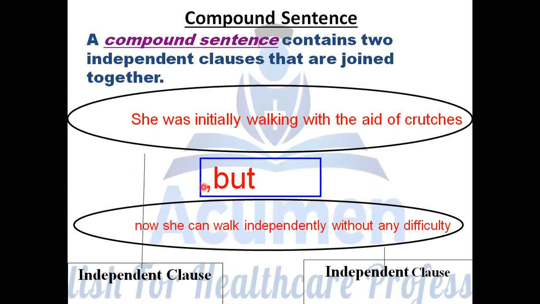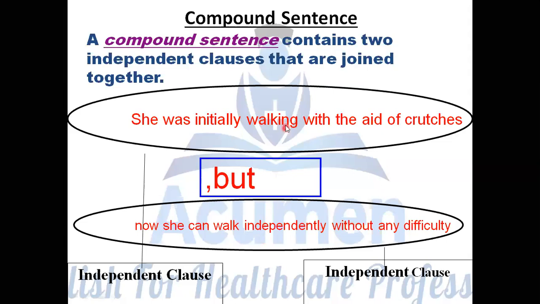Look at this sentence here. He was initially walking with the aid of crutches, but now she can walk independently without any difficulty. This sentence is independent and meaningful. This sentence is also independent and meaningful.